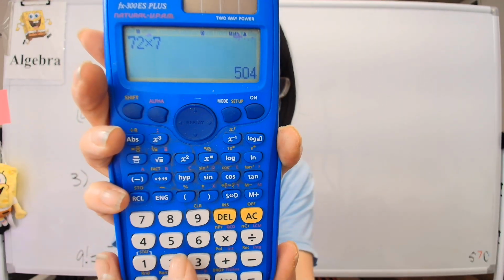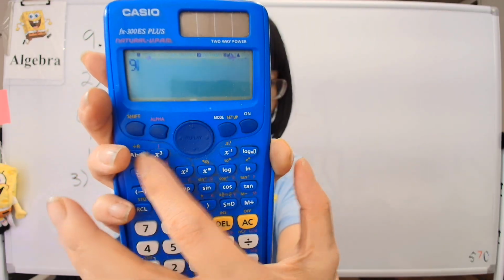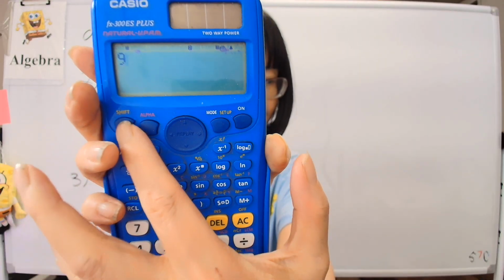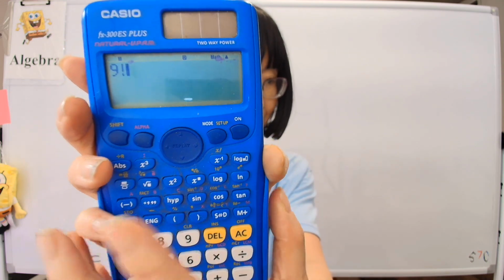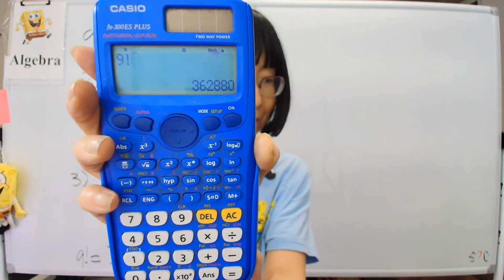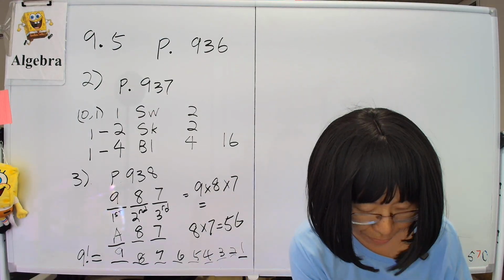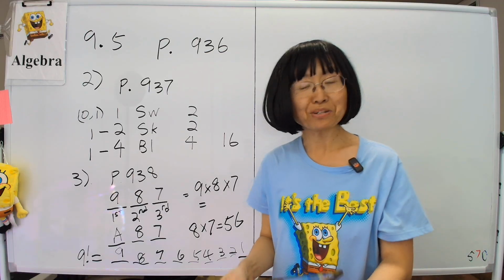So if we're doing 9 factorial, let's push in 9, and since it's brown, I'll use the shift button. See, 9 factorial with the exclamation point and everything. Let's push equal, and that's the 362 whatever that the book says as well. So you know the book got it right.